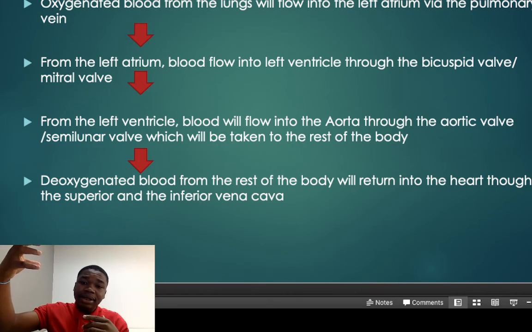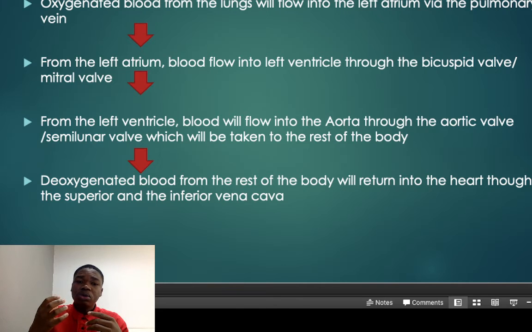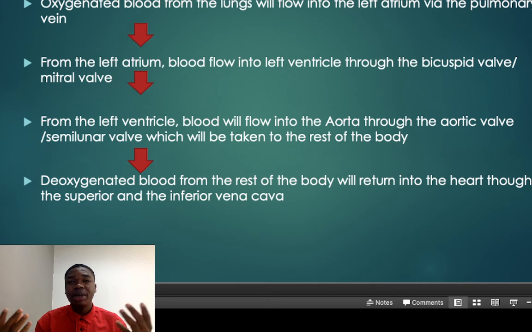From the lungs, the blood will flow into the left atrium, the other part of the human heart, the left part of it, via the pulmonary vein. So that oxygenated blood from the lungs will be transported through the pulmonary vein into the left atrium.